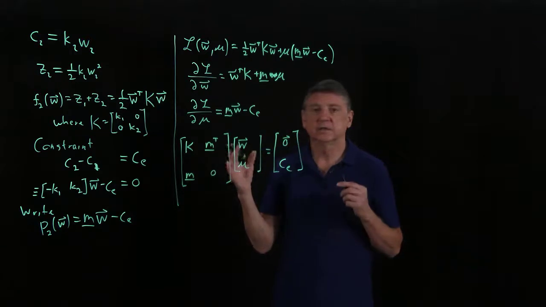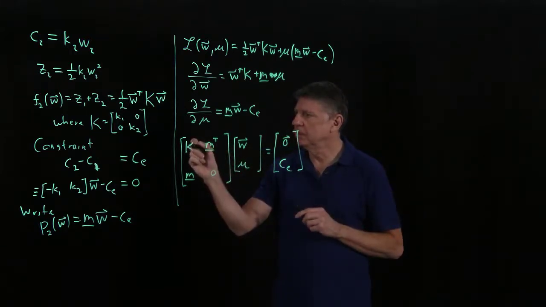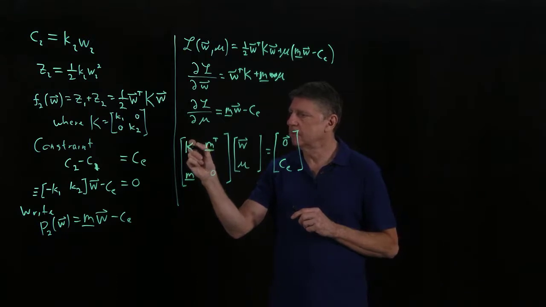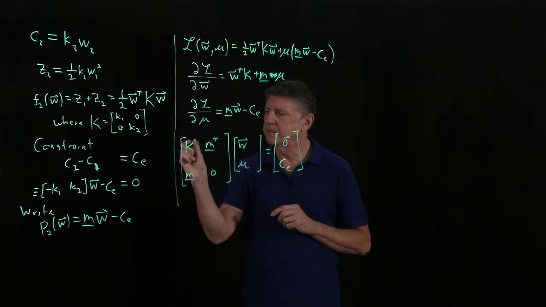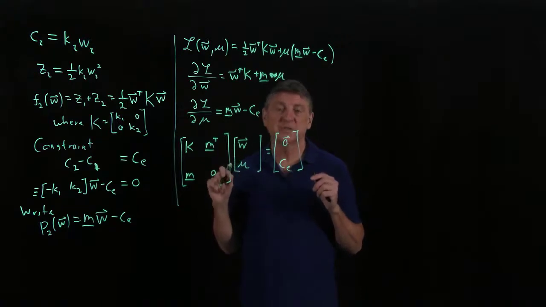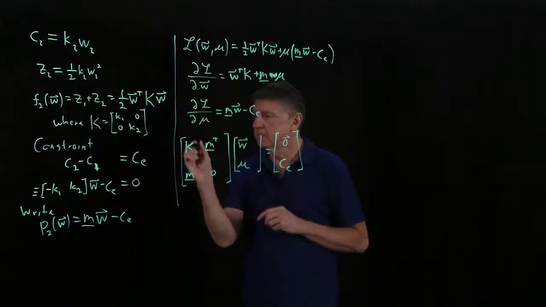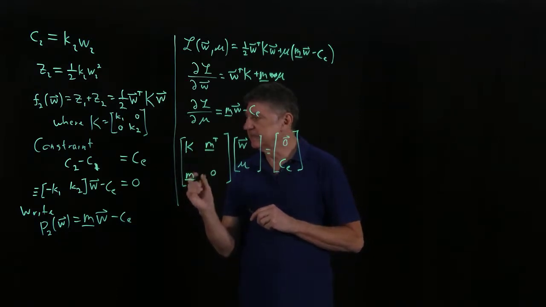And this is a linear equation. Now let's check. K is always a symmetric, positive definite matrix. It has to be, because the spring constants have to be non-zero. And what is the 1 form m?